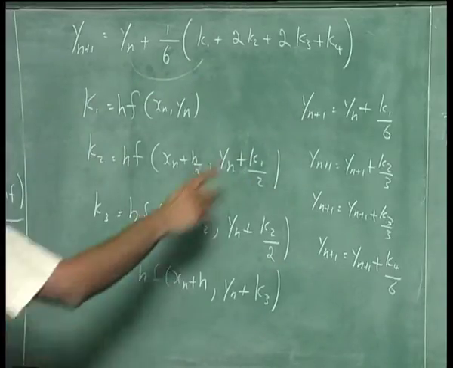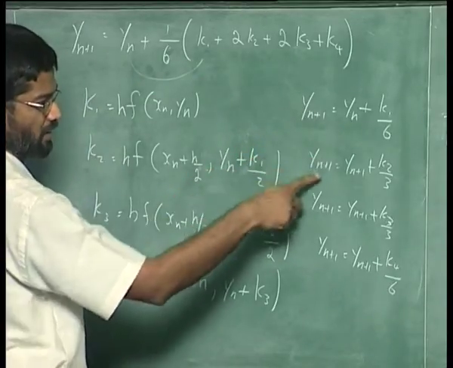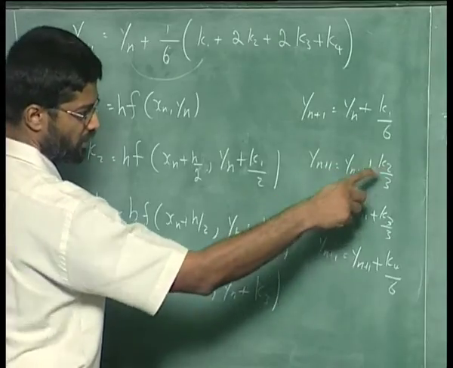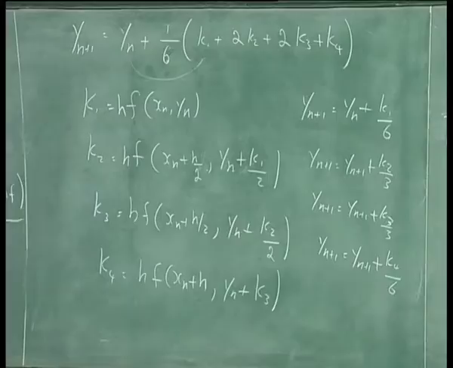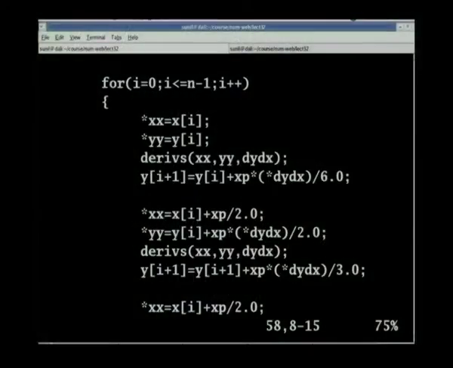First I initialize yn plus 1 to this, and then I keep adding K2 by 3, K3 by 3, K4 by 6. That's what this program is doing. I say yn plus 1 is yn plus h times the derivative, that is the function value, divided by 6. Then it shifts x to x plus h by 2, and y to y plus h times the derivative, that is K1 by 2.